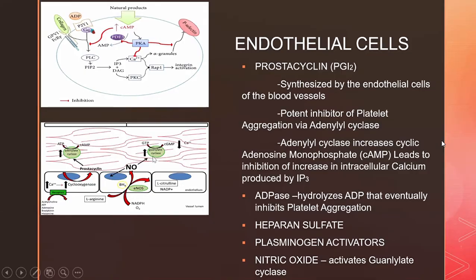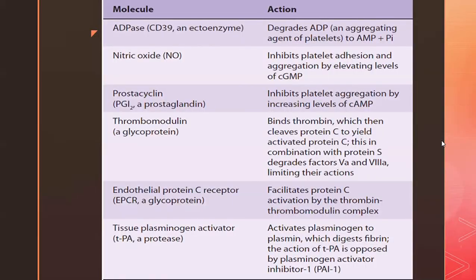Nitric oxide, cGMP, prostacyclin, cAMP. Huwag niyong pag-interchange. So this is a table ng mga kanilang functions. Nasa book naman ninyo to, basahin nyo na lang. Pero the summary, na-discuss ko na sa inyo yun.